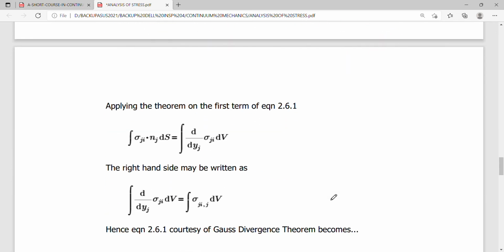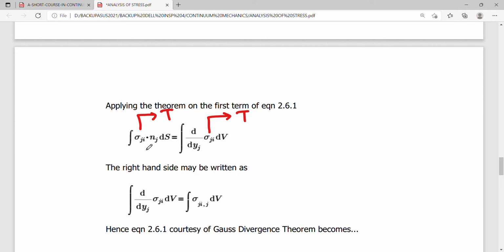Okay, so applying the theorem on the first term of equation 2.6.1, then we take note that the tensorial quantity is simply the stress tensor in question. So this is the tensorial quantity T that we are referring to in the divergence theorem.